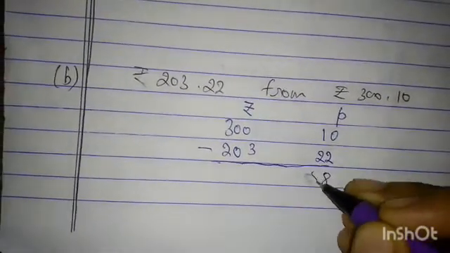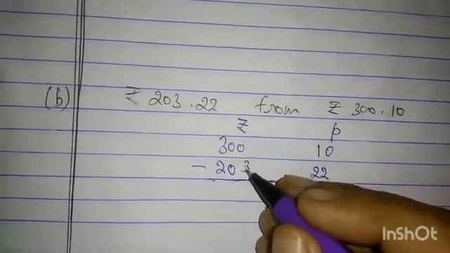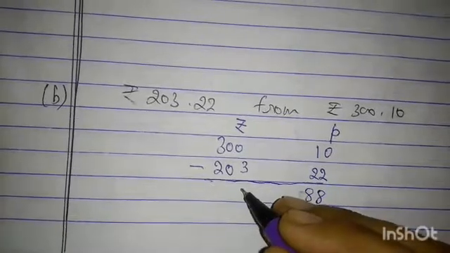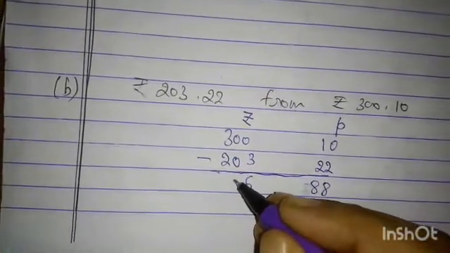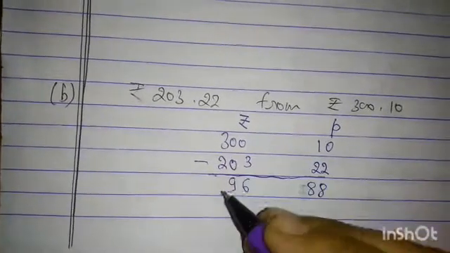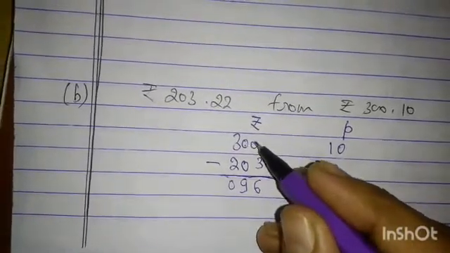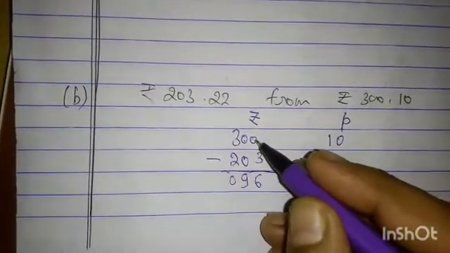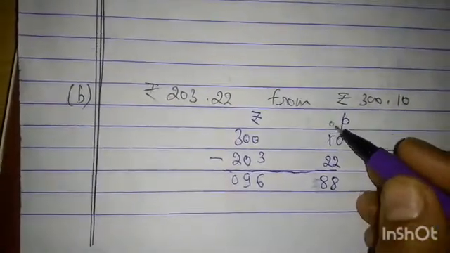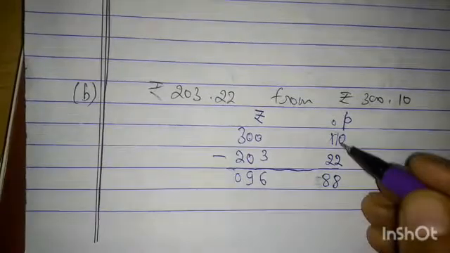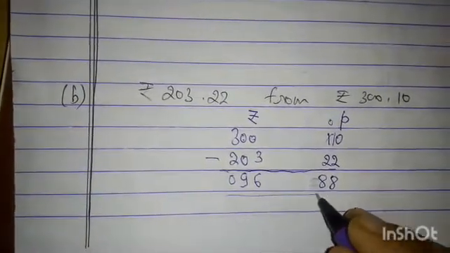So 10 minus 2 again, it's 8. Then here 0 makes 9. So 9 minus 3, 6. Here 9. Here 2 minus 2, 0, because it's giving a borrow to this number. Then it gives a borrow to this number, and at last it gives a borrow to this number, where it is 0. So 96 rupees and 88 paise.